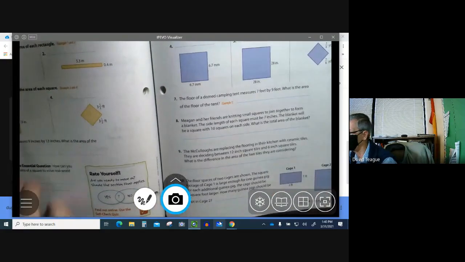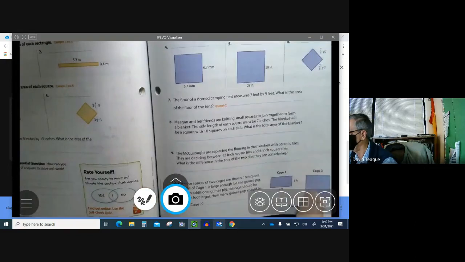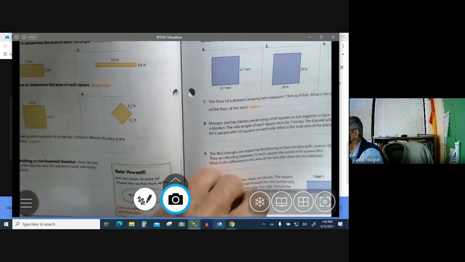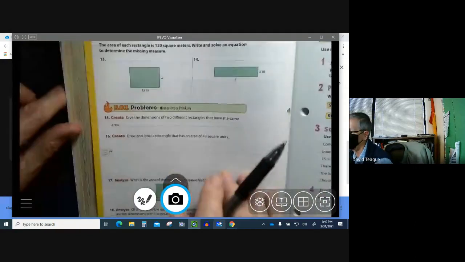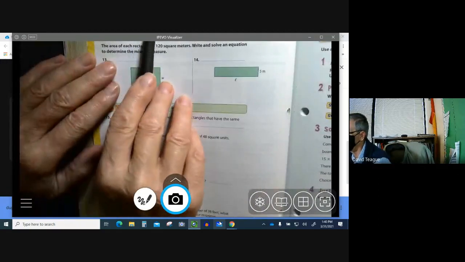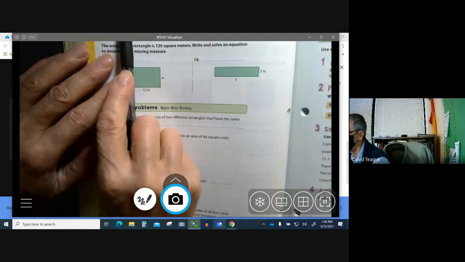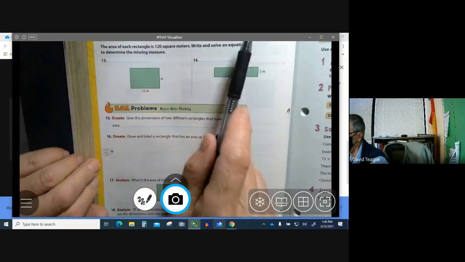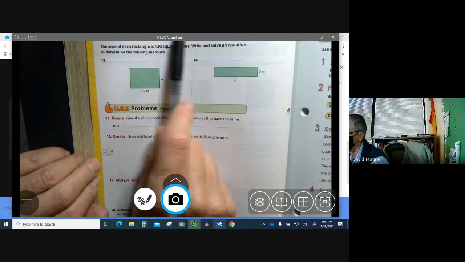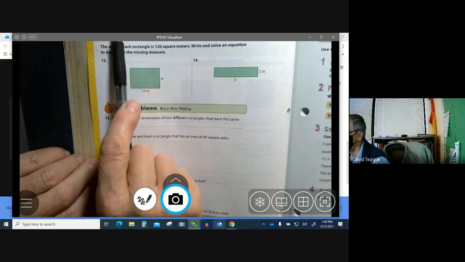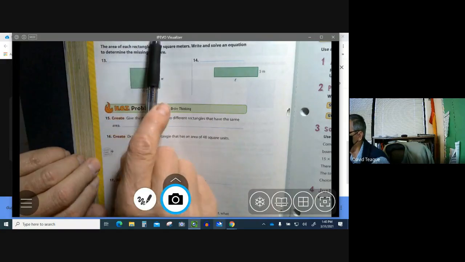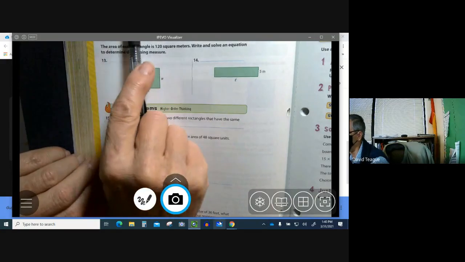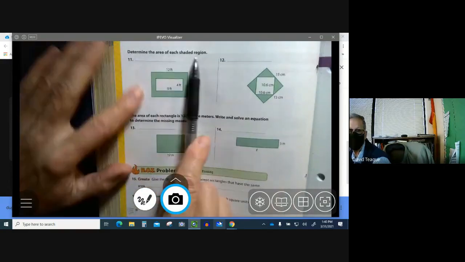They just change the orientation of the square. Sometimes they'll come in here and put things on top or put these things inside. So you have the area here and you have the area here. Here's the shaded region. Here's this rectangle. It says determine the area of the shaded region.